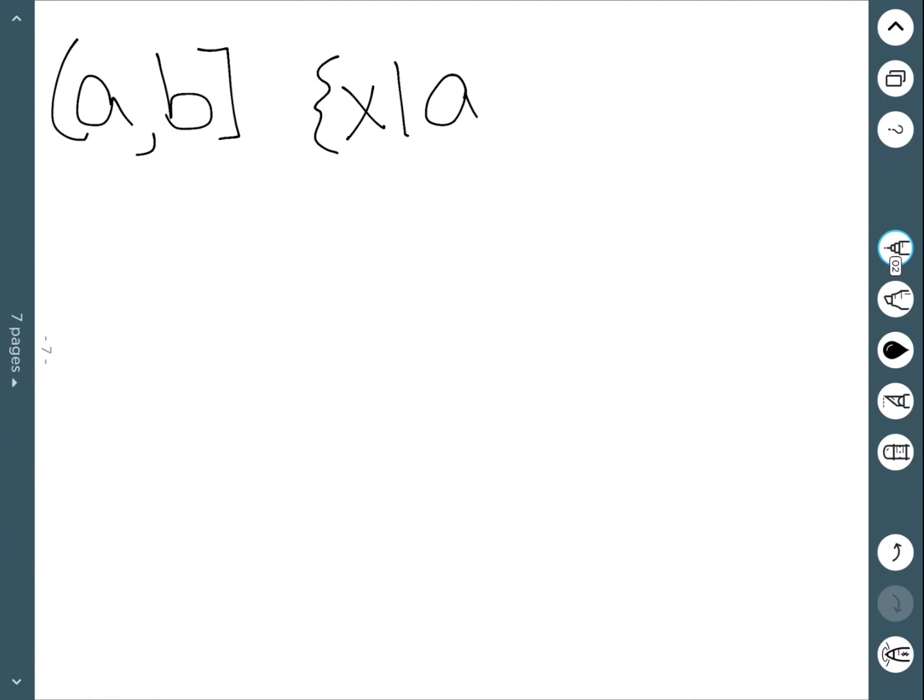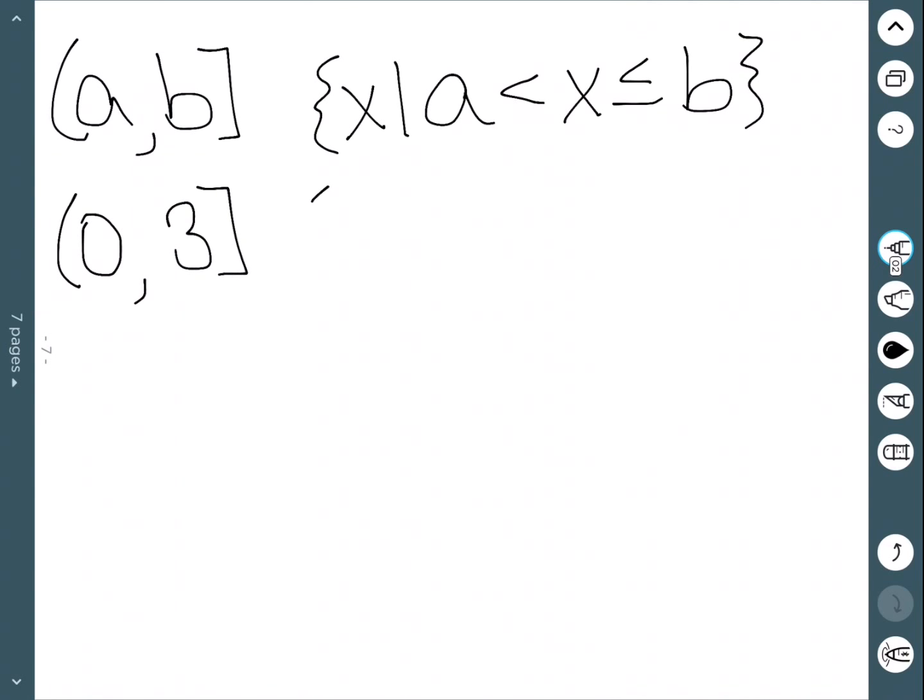We could start to include endpoints. Maybe we have an open parenthesis on a and a closed bracket on b. This would be the set of all x such that a is less than x is less than or equal to b. So all the numbers between, but we're including our right endpoint. As an example, 0, 3.